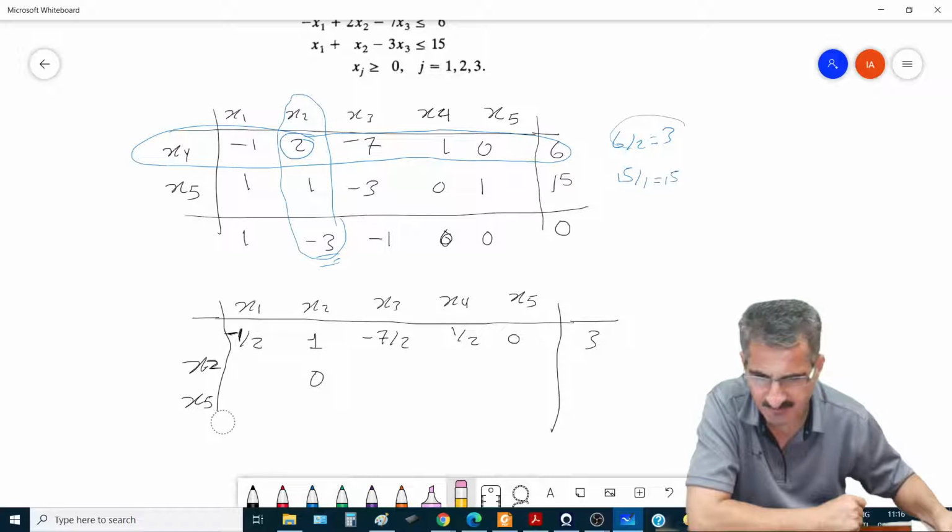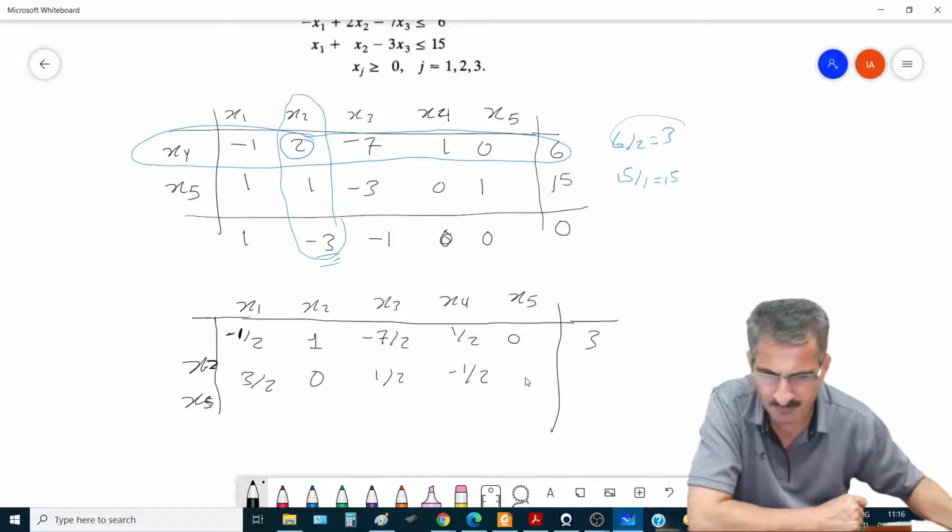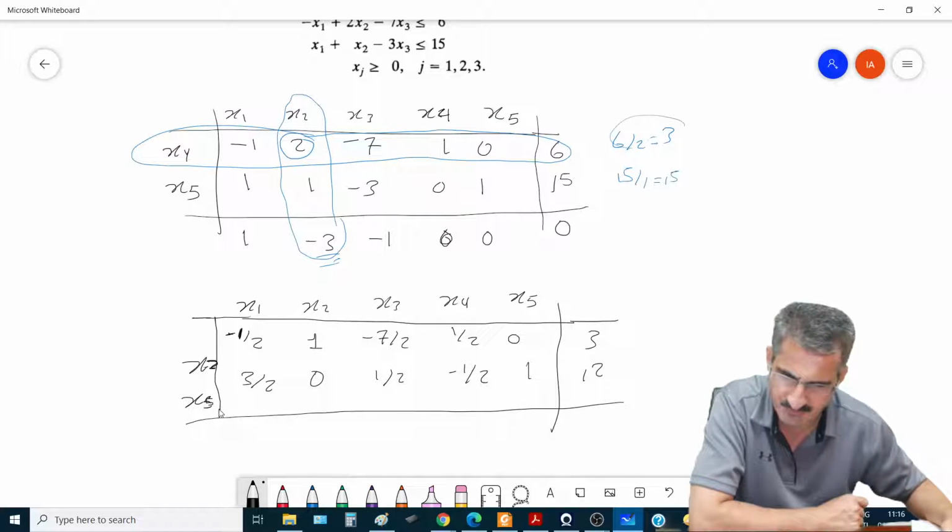Let me fix this. Oops, -1/2. Okay, so do your computations. That will be 3 over 2, 1 over 2, -1 over 2, 1, and 12. Make sure I computed these things correctly.